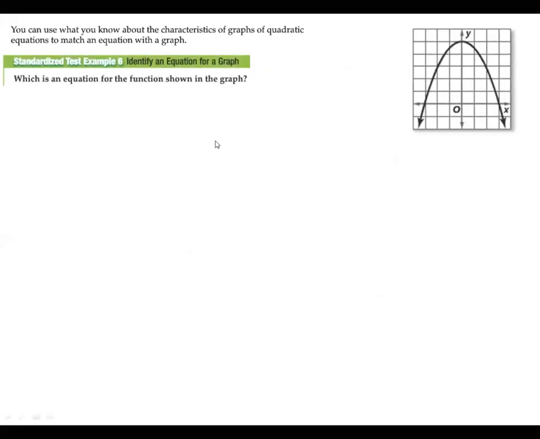Alrighty dighty. You can use what you know about the characteristics of graphs of quadratic equations to make an equation with a graph. What on earth does that mean? Which is an equation for the function shown in this graph right here. Okay, couple things you already know. You already know it's flipped over, and you know it's shifted up 1, 2, 3, 4, 5 units.